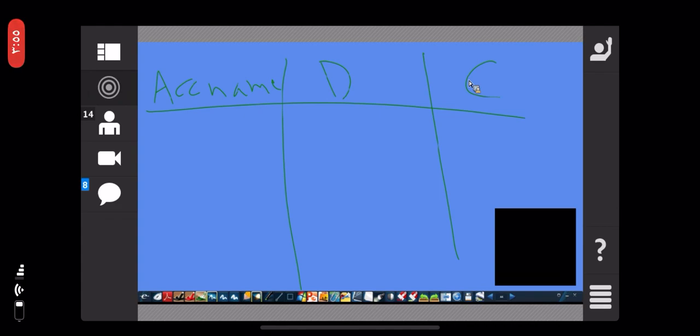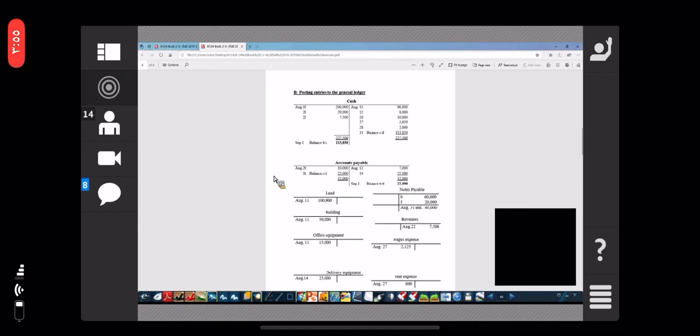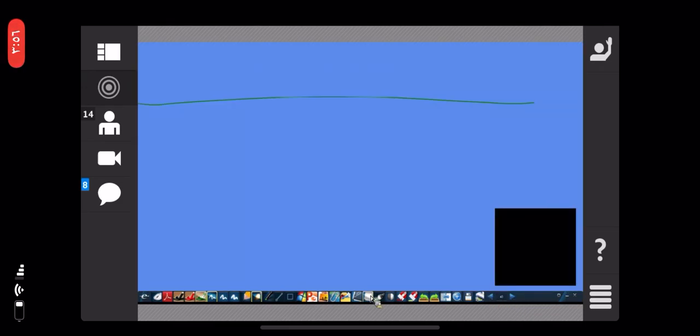So what accounts do you have? For example, cash and capital. You will go back to the T account for cash. What is the balance for cash? 113,850. Just put it as you said. This is a debit balance, so you will go to debit.